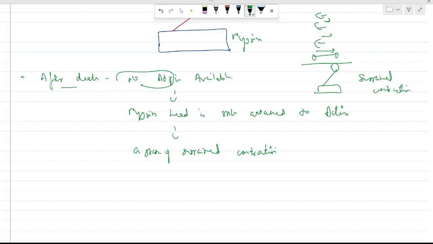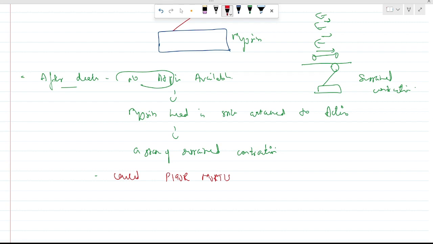This state of sustained contraction is commonly called our what? Rigor mortis. Write this down. Rigor mortis.